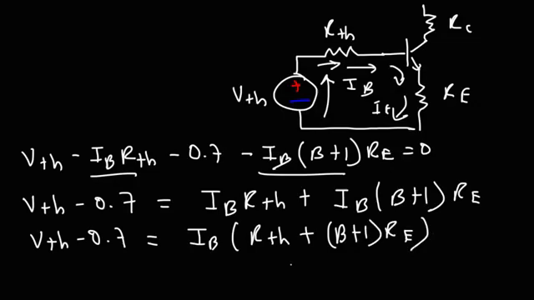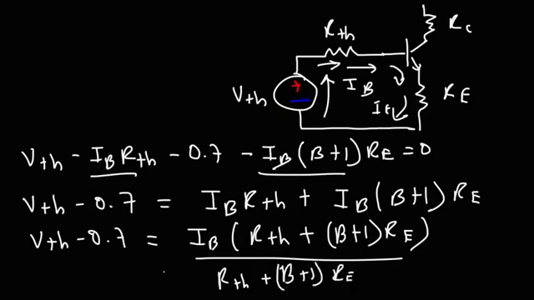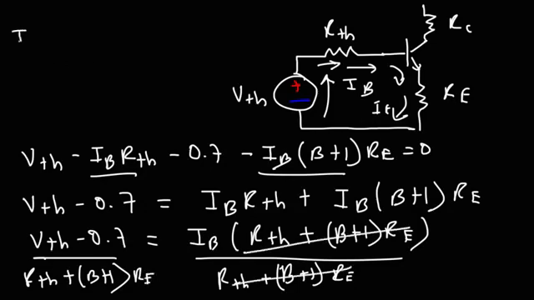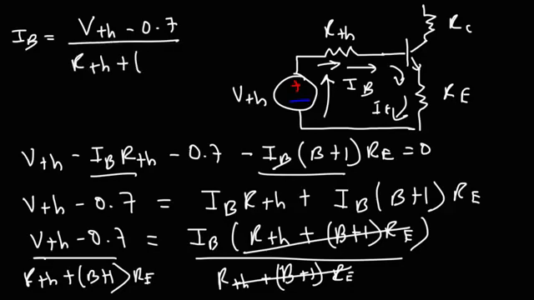Next, I'm going to divide both sides by R Thevenin plus beta plus 1 times RE. So these will cancel on that side. So now I have this formula. IB is equal to the Thevenin voltage minus 0.7 divided by the Thevenin resistance plus beta plus 1 times the emitter resistance.